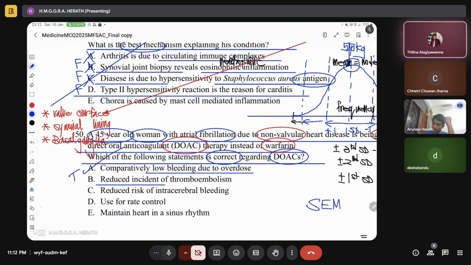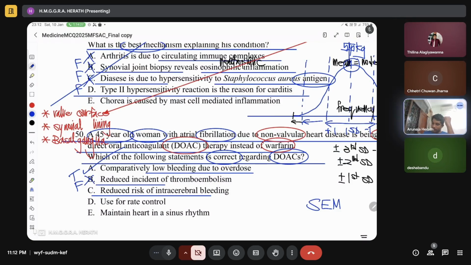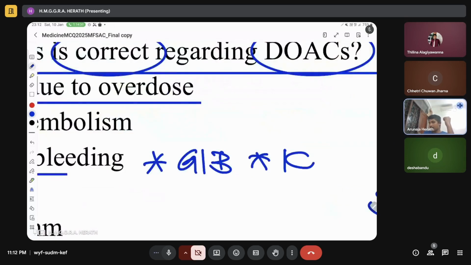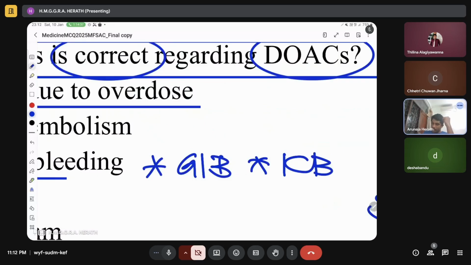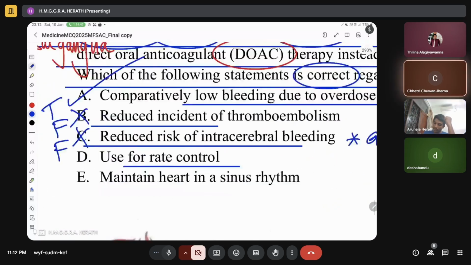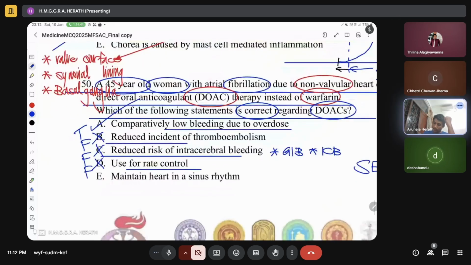False, warfarin is still superior. Reduced risk of intracerebral bleeding, true or false? False, the main problem with these drugs is GI bleeding and intracranial bleeding. Used for rate control, false. Maintain heart in sinus rhythm, false.